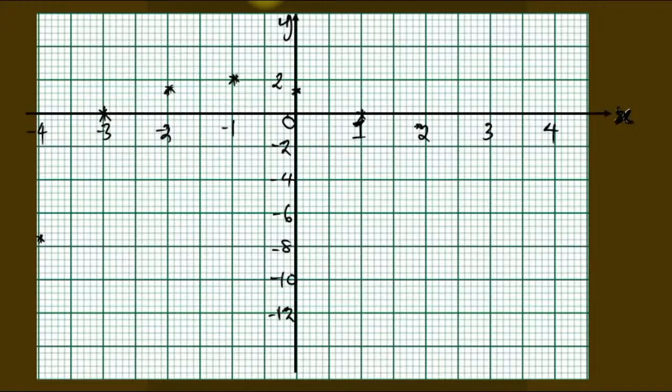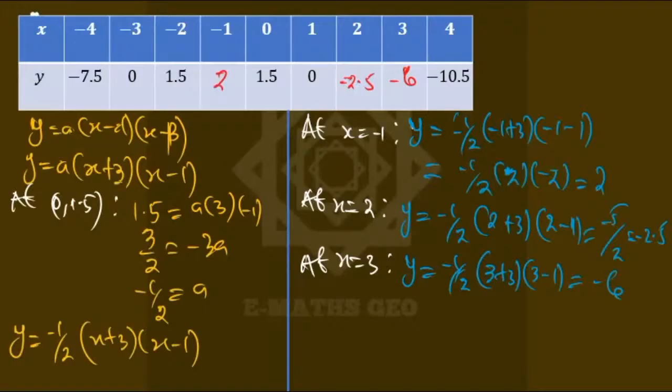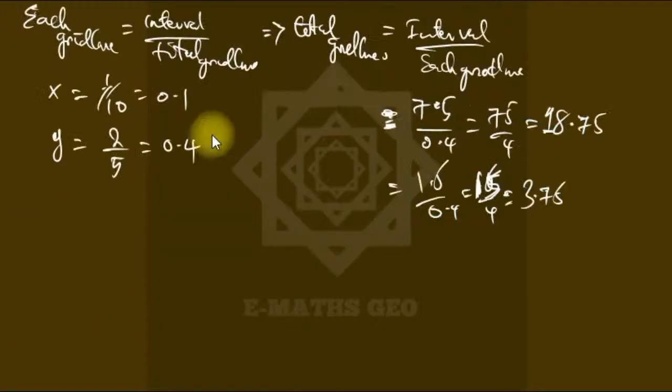So which one again? 2.5. So minus 2.5. Okay. So that same way we do 2.5 divided by 0.4, which is 25 over 4. So 25 over 4 is 6.25.